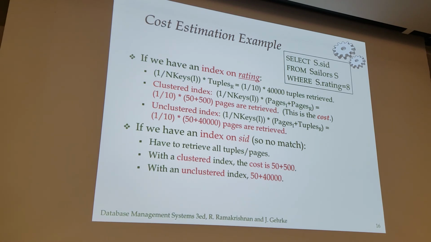But I may be better off just scanning the table rather than doing that. So if there are 500 pages in the table, 500 is going to be less than 50 plus 500. So I can use the clustered index, but it's not going to help. So the third alternative is to just do a complete file scan of the 500 pages that I have in the file.